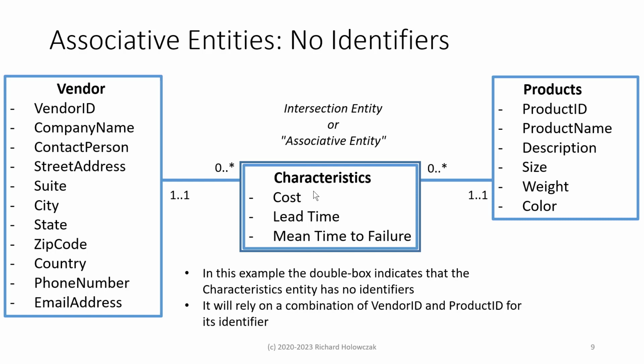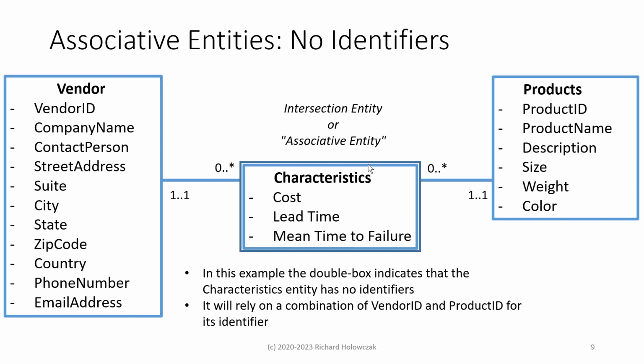I suppose you could put characteristic ID if you really wanted to, but it's actually not necessary. Whenever we have one of these intersection or associative entities, we need to indicate to the software developers that this entity is special in some way. And we do that by placing a double box around the entity.